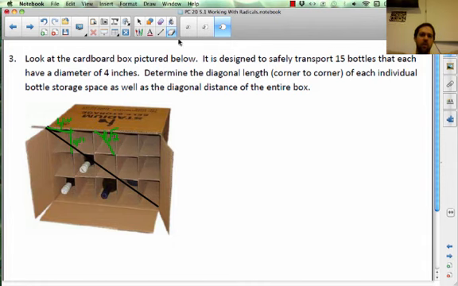This time for the width and length, or width and height if you want to look at it that way, of the entire box. So this is 4 inches plus 4 inches plus 4 inches.